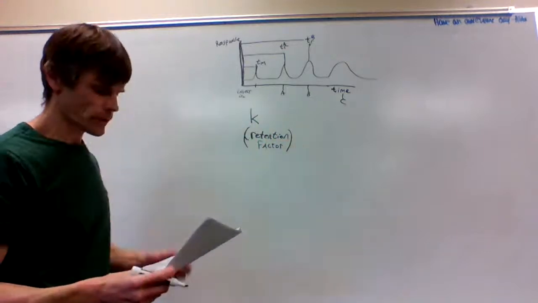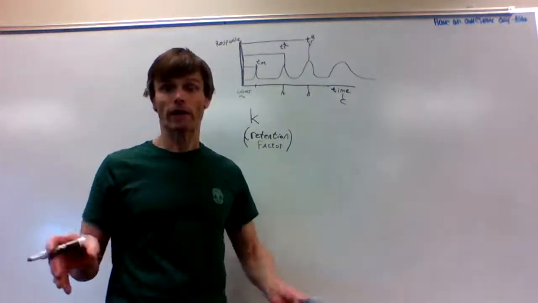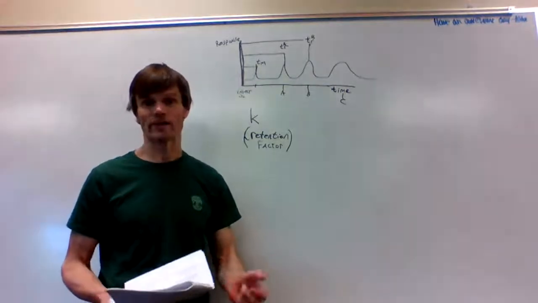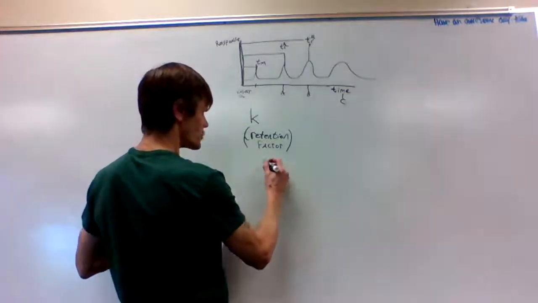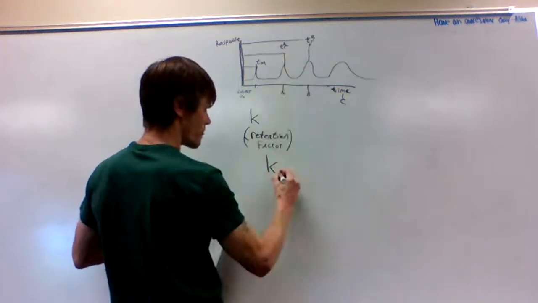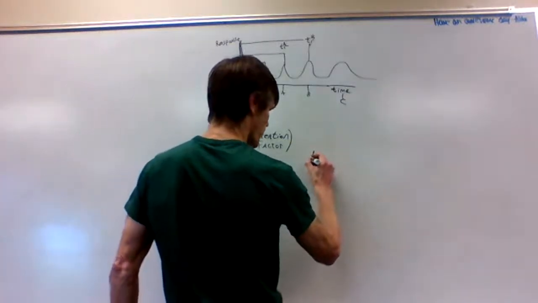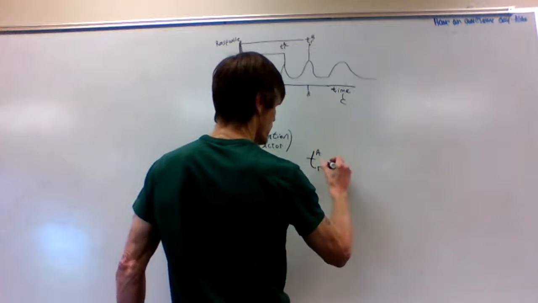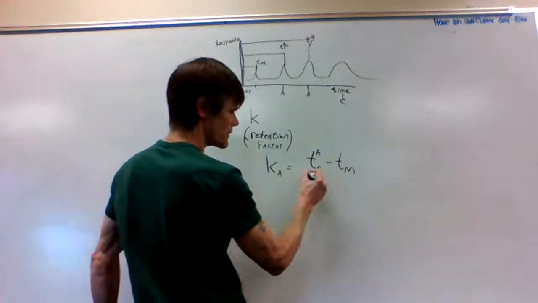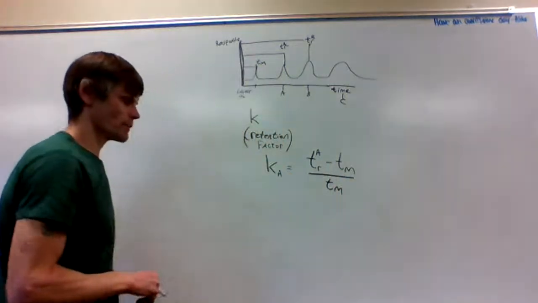Now, the retention factor gives us information about a relative separation of an analyte versus the void time or dead time. So the retention factor for A would equal the retention time for A minus the retention time for our non-retained species, divided by the retention time for that non-retained species.